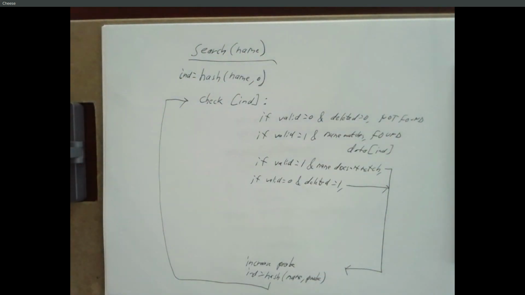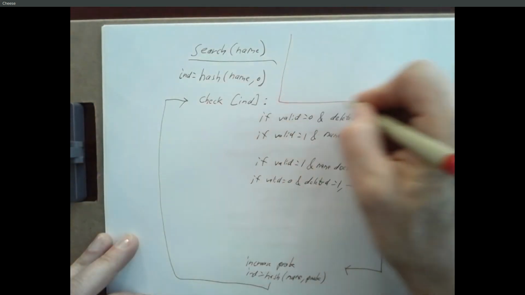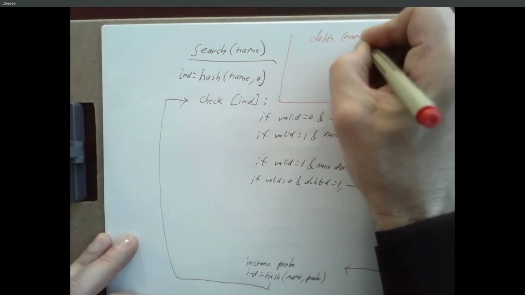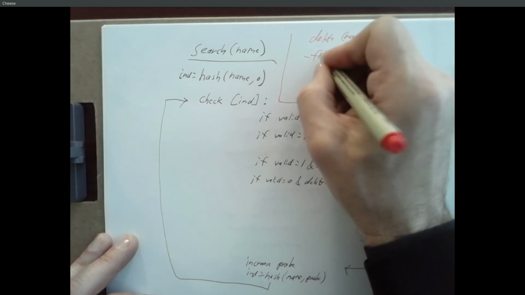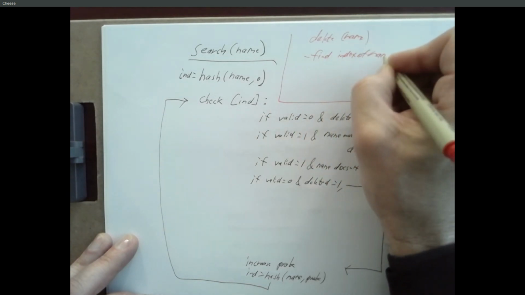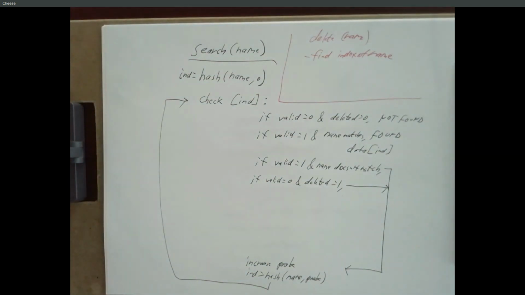So there's a good search algorithm. And how do we delete? Well, find where the name that you're deleting is stored in the table.